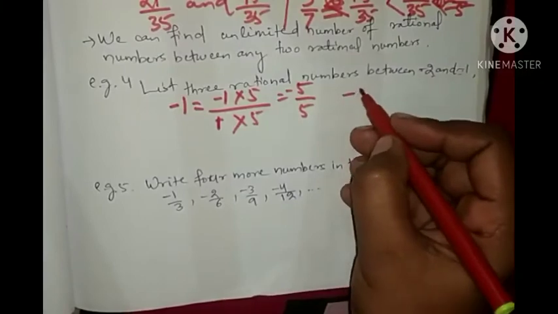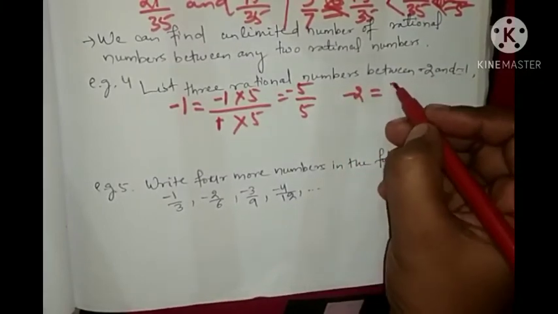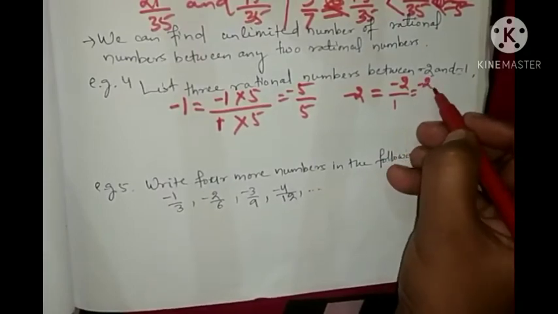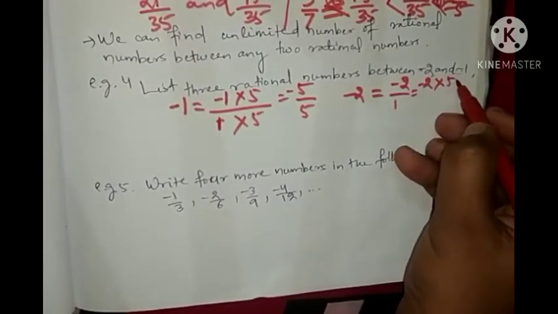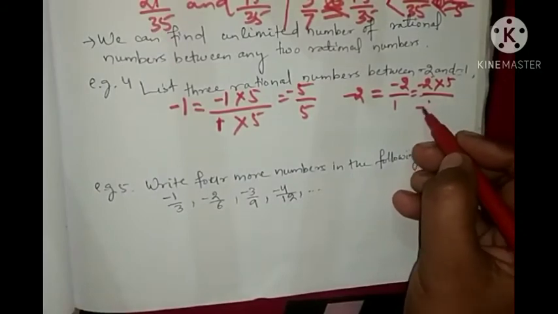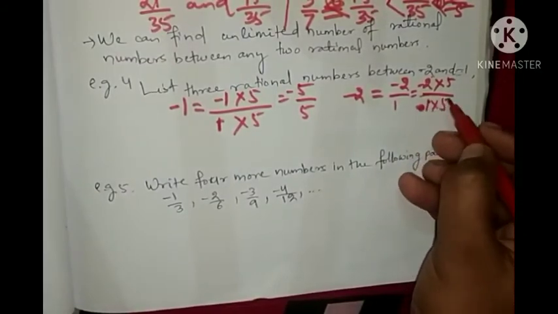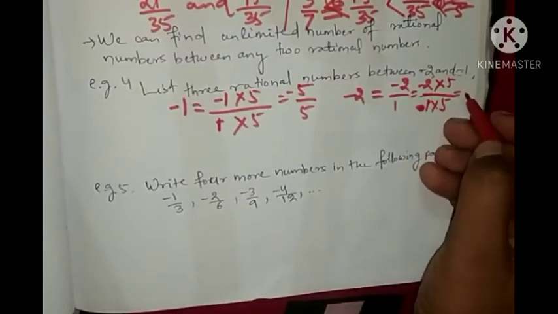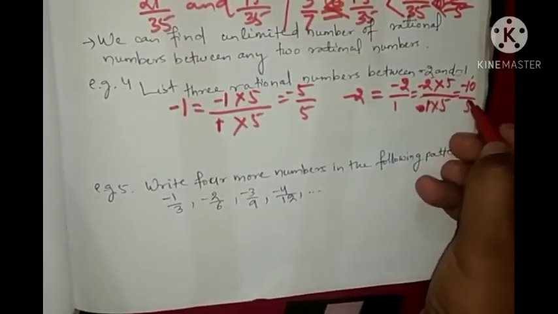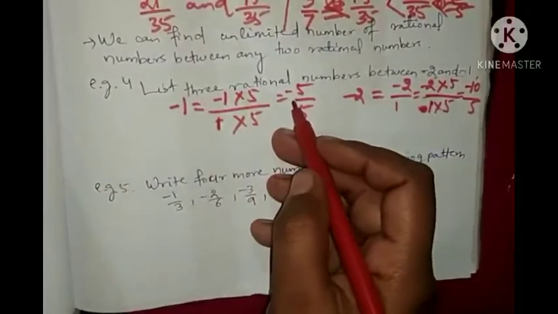Like this we can do it for 2. Minus 2 we will convert into minus 2 by 1, which is minus 2 into 5 by 1 into 5. We are getting minus 10 by 5.